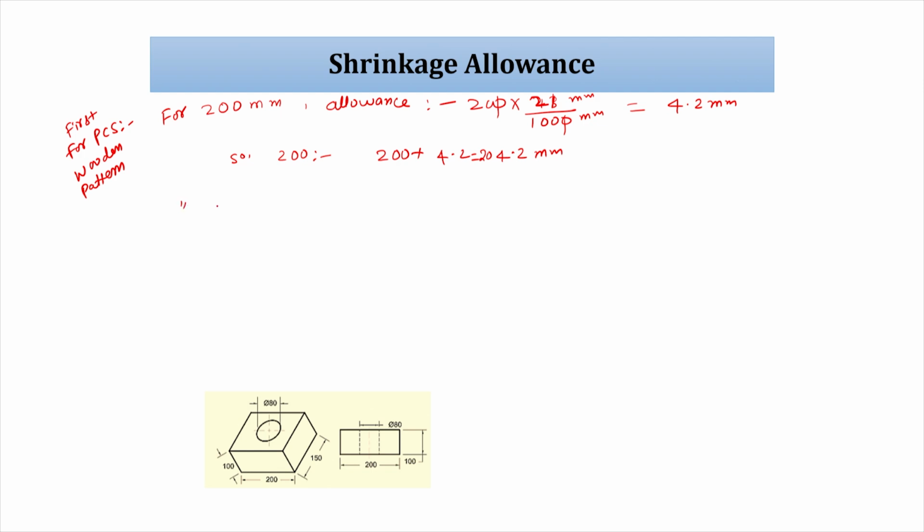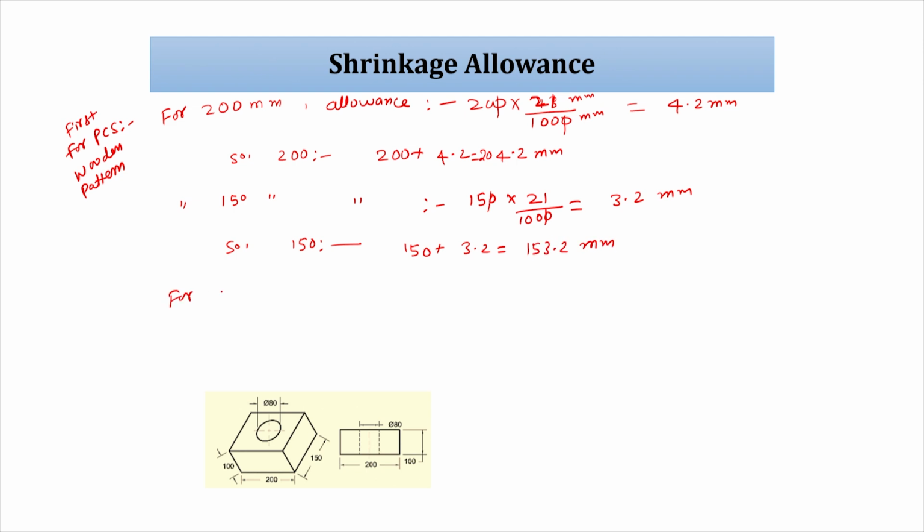Similarly, for 150 mm the allowance will be 150 into 21 by 1000, which is 3.2 mm. So 150 mm converts to 150 plus 3.2, equal to 153.2 mm.